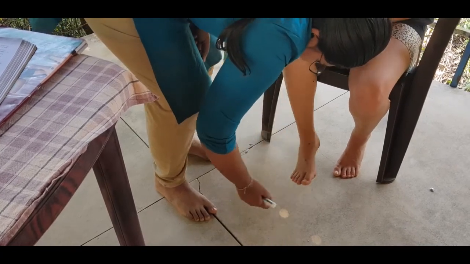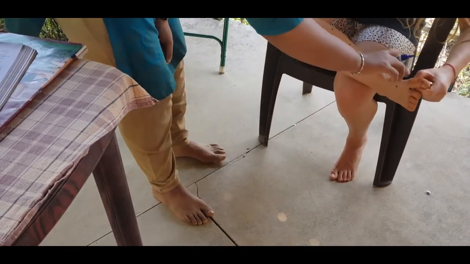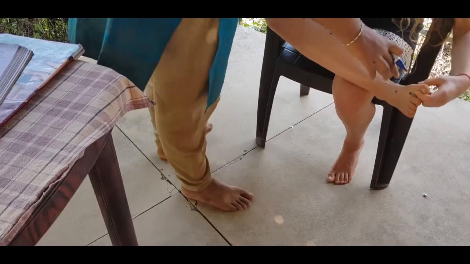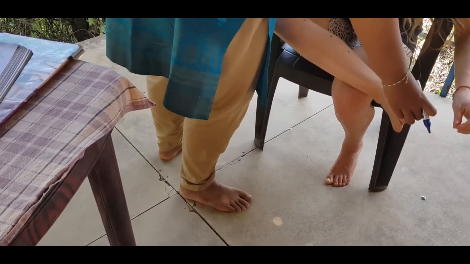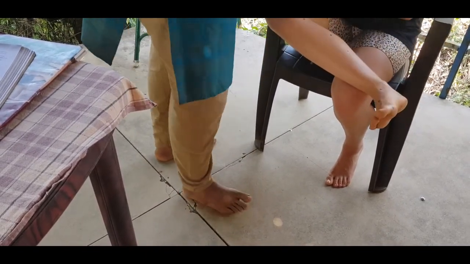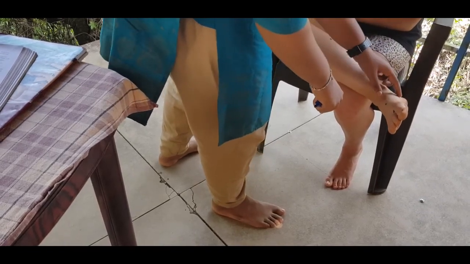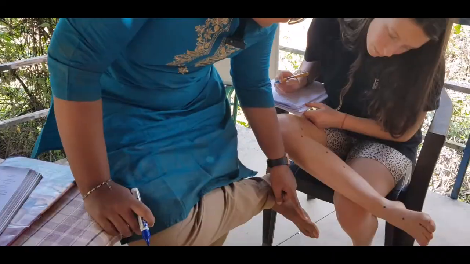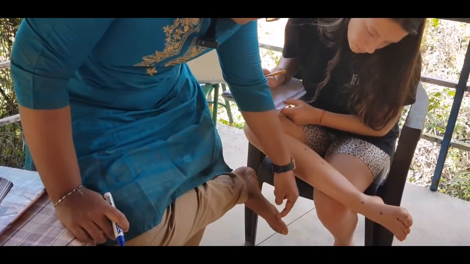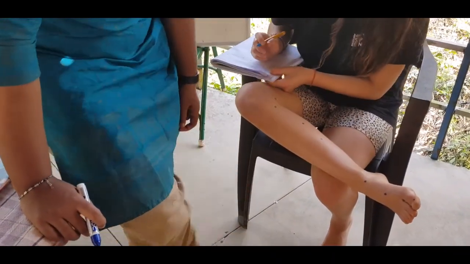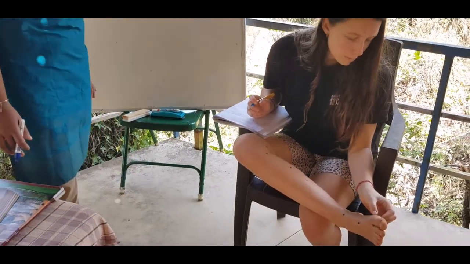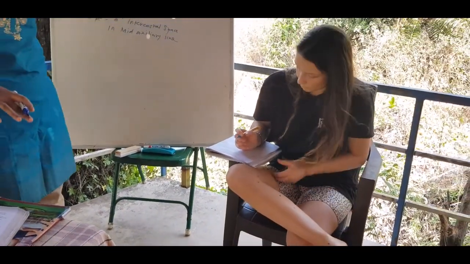This is spleen 2, at this crease. You have to see the skin color difference for those points.